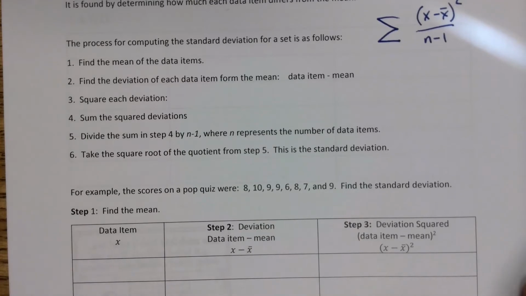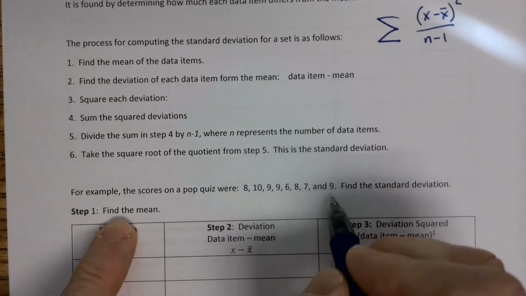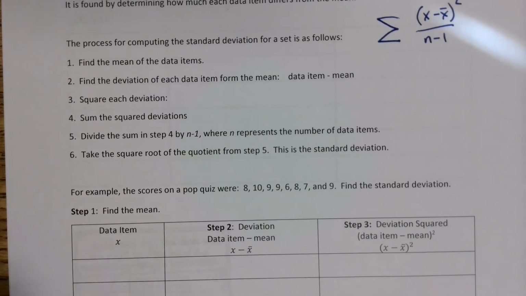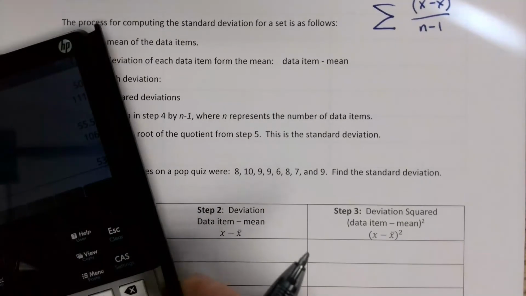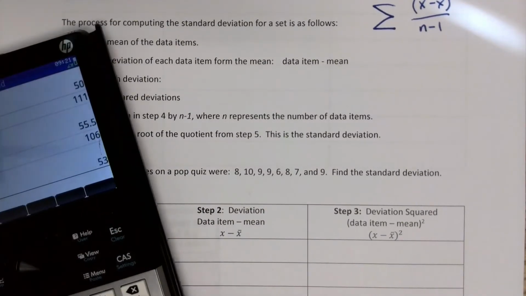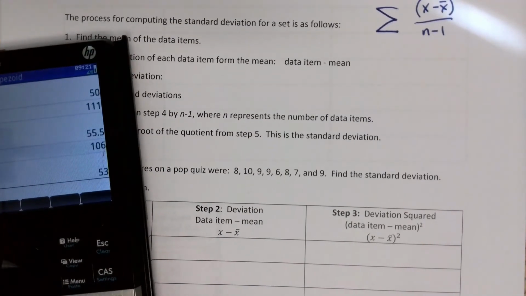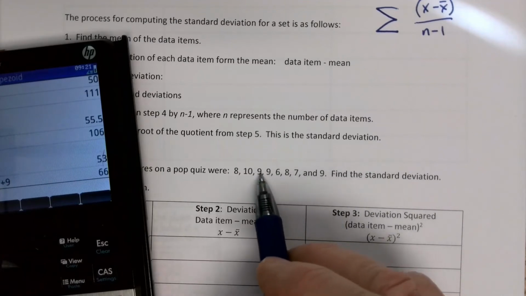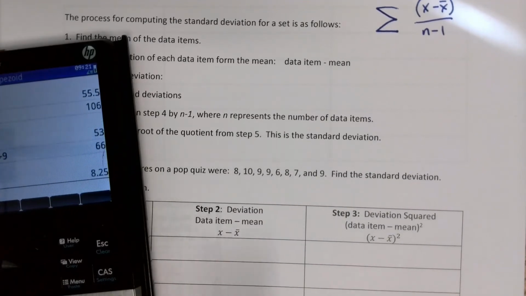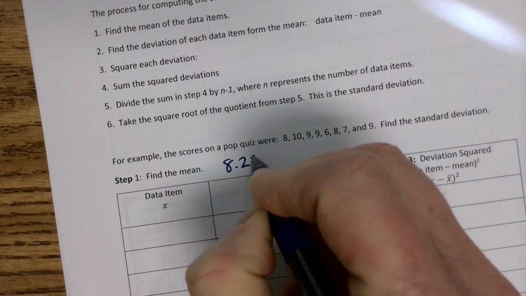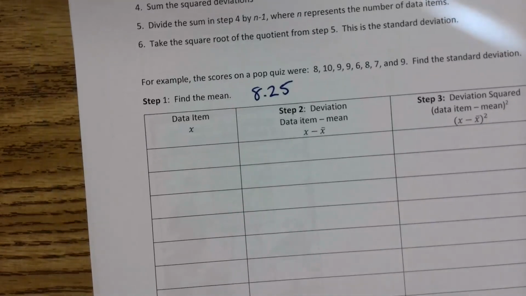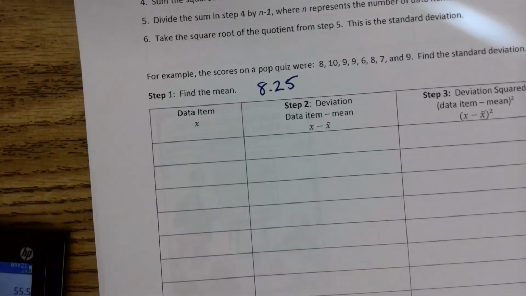First step, find the mean of those. 8 plus 10 plus 9 plus 9 plus 6 plus 8 plus 7 plus 9 is 66, divided by 8 is 8.25. All right, boom, step 1 done.